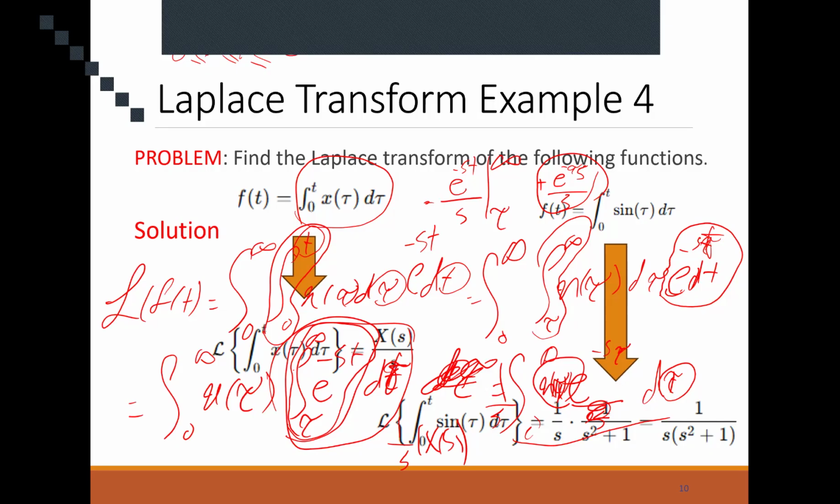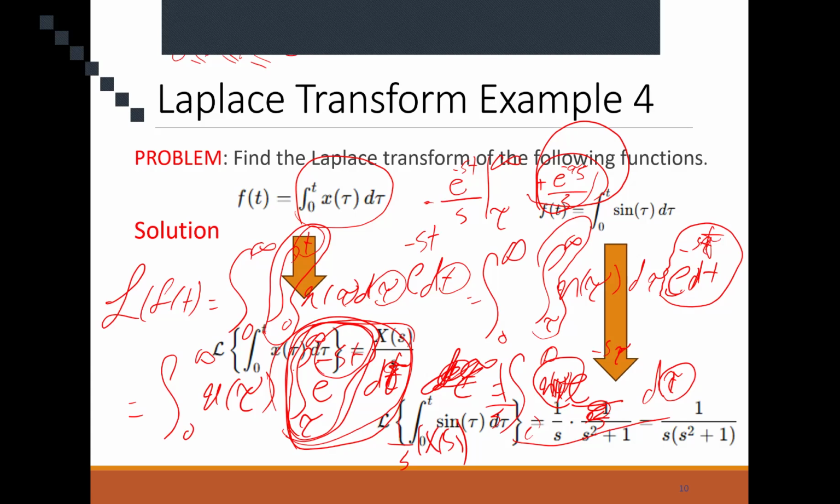Now t is varying between tau and infinity. We swap the places of e and x. We do the integral over time, which gives us the value of e to the power of minus tau s over s.